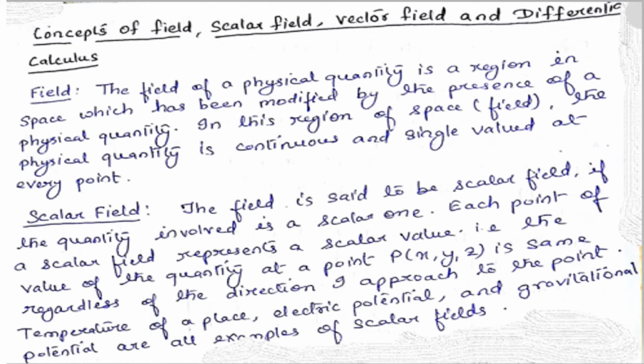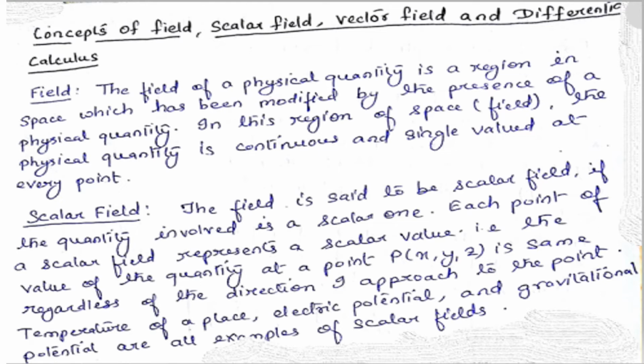Or in other words, a scalar field is a region where the scalar physical quantity has a unique value at each point. This is what we mean by saying a scalar field.